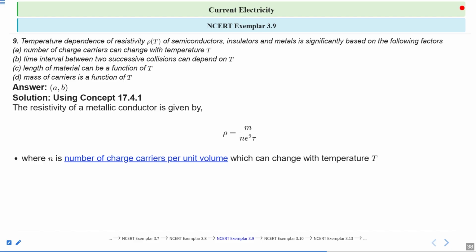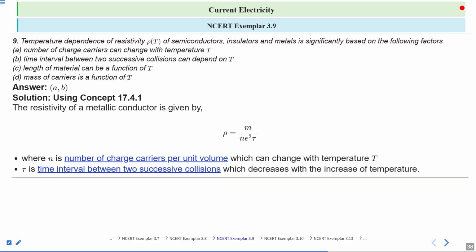That n can be changed significantly for semiconductors and insulators, but for metals the change of n is very small. Tau is the time interval between two successive collisions, which decreases with increase in temperature. When temperature increases, the collisions among the electrons and with positive ions become more frequent, so the time between two successive collisions will decrease.